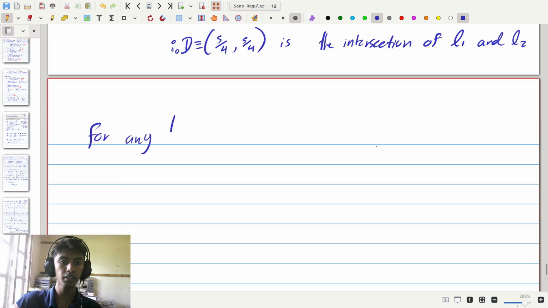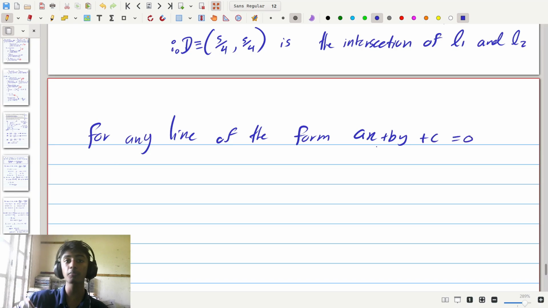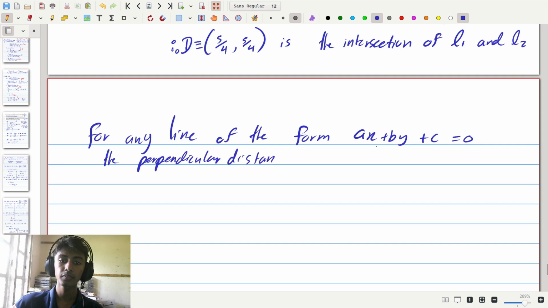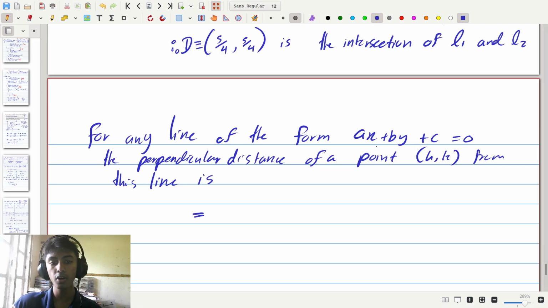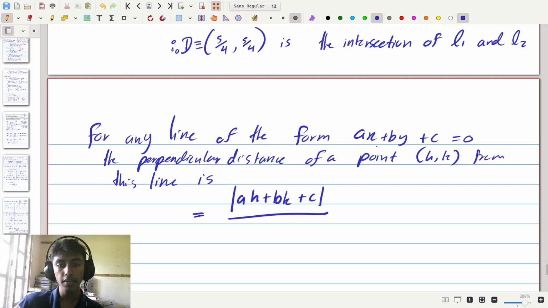For any line of the form AX plus BY plus C equals 0, as we know from the straight line video that we did previously, the perpendicular distance of a point, let's say H comma K, from this line is equal to the absolute value of AH plus BK plus C divided by the square root of A squared plus B squared.